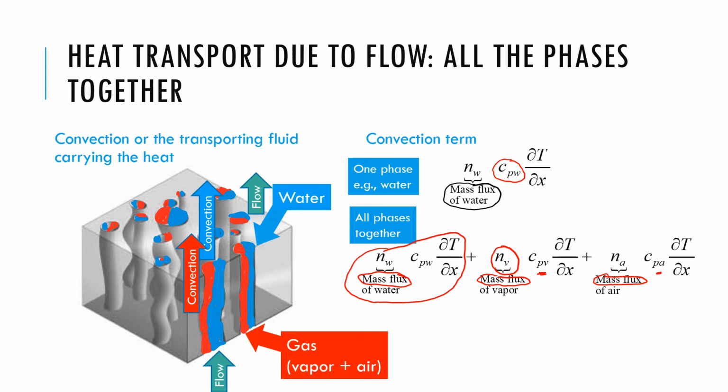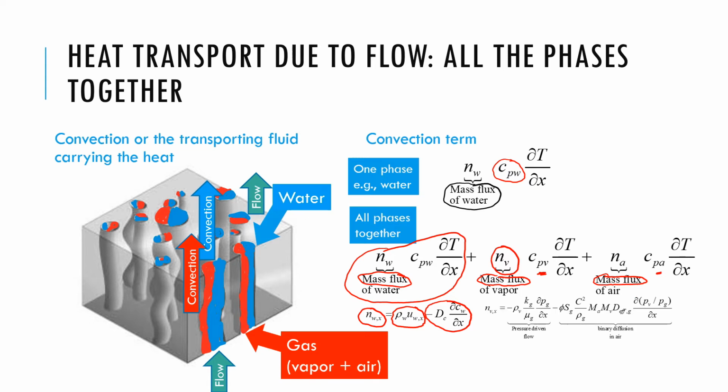So we have to include both of them in the mass flux. So let's see the first example. Mass flux of water has mass flux due to flow, the velocity due to pressure driven flow, or mass flux due to diffusion type movement, which for water it's the capillarity.